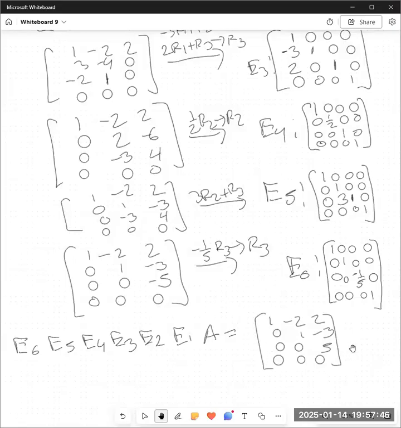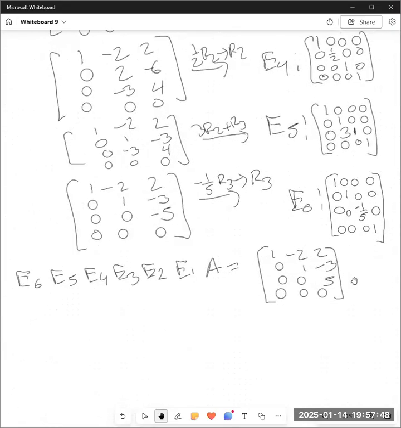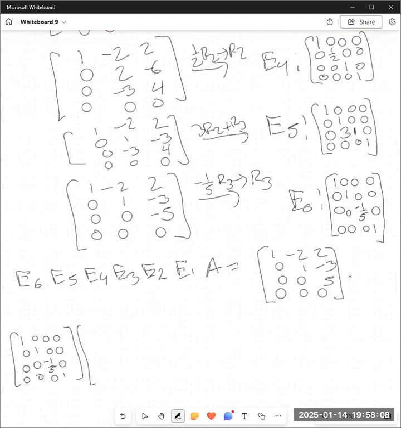So let's see if I can write out that left-hand side. It's quite a bit to write out here, especially since they're 4 by 4. So 1, 0, 0, 0, 0, 1, 0, 0, 0, 0, -1/5, 0, 0, 0, 0, 1 times, that was E6.